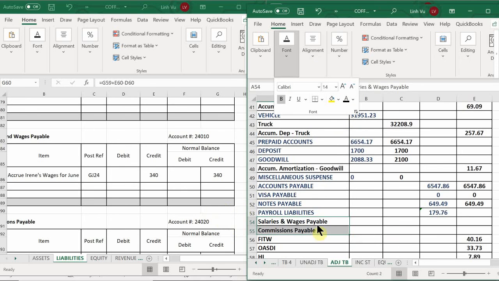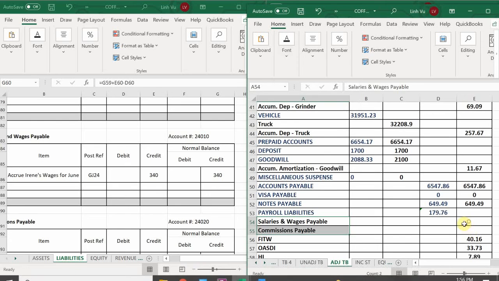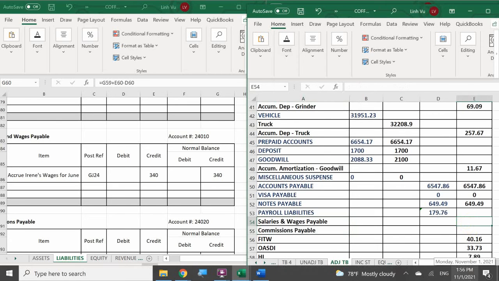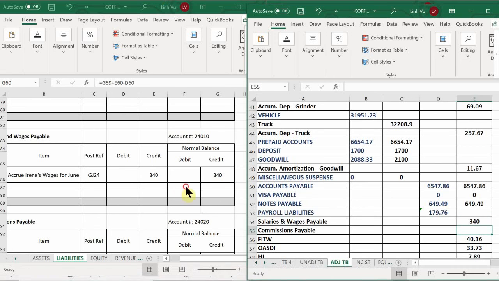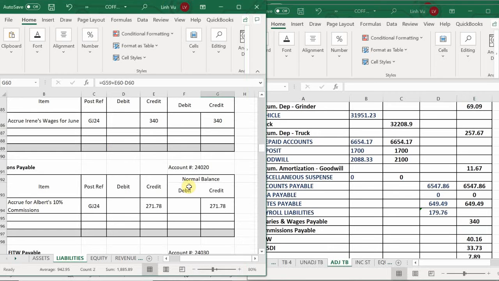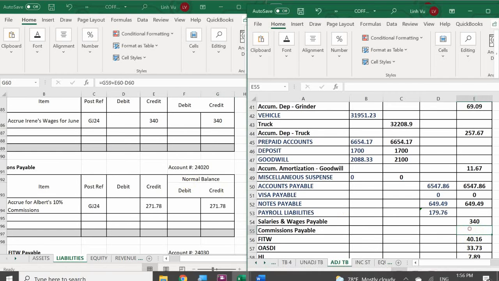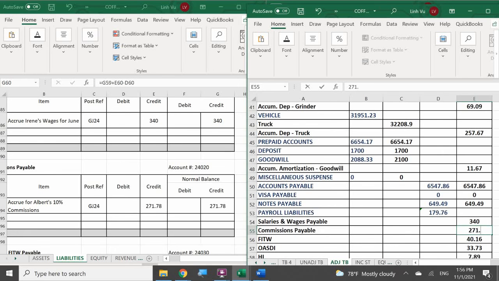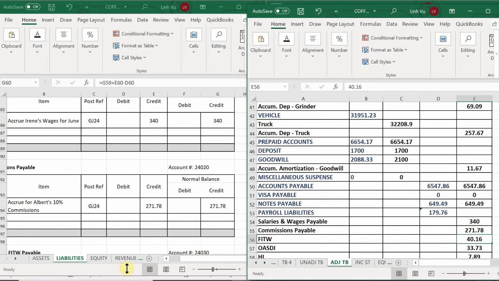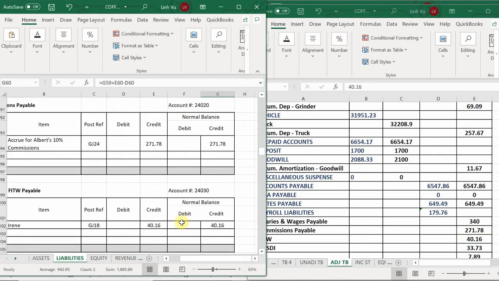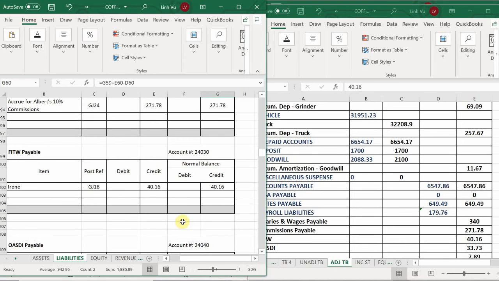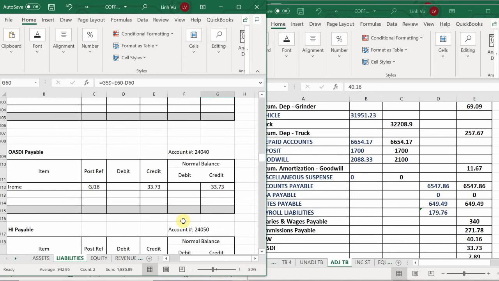So how much was my salaries and wages payable? 340, and the other one I cannot see. Hold on, we'll do one at a time. The 340 is the salary, and 271.78. Okay. Let's go through all the rest. FITW is still 40.16.